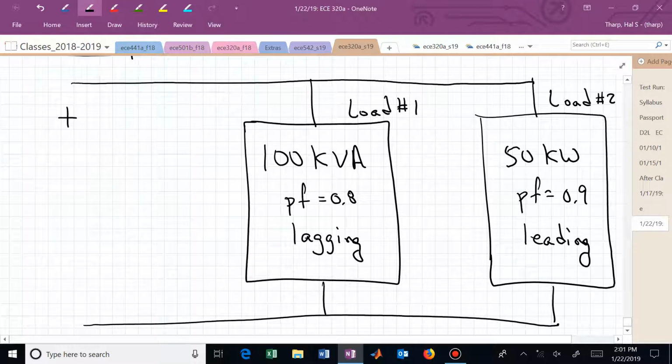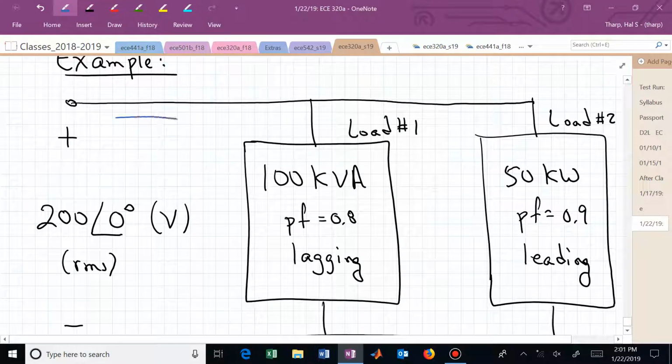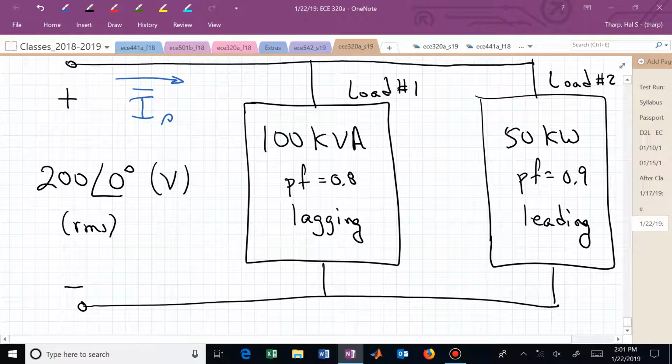Suppose now that somebody tells us that the voltage applied across these two parallel loads in this case is 200 volts, and it's our reference phasor, so it's at 0 degrees, and we'll assume this is now in RMS units. We haven't yet been given, or don't know, the current necessary to supply those particular loads.